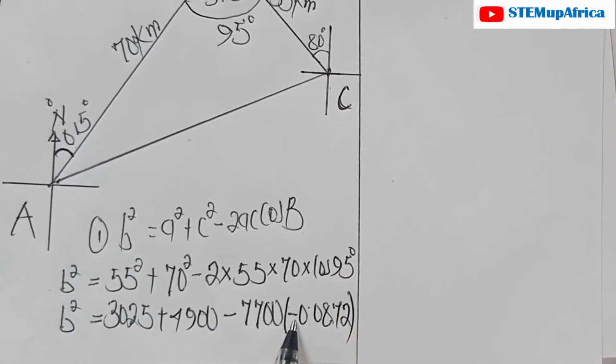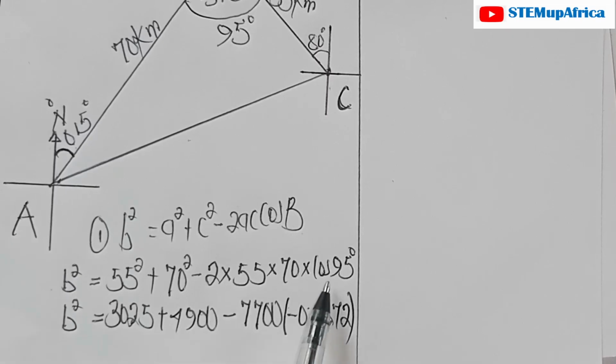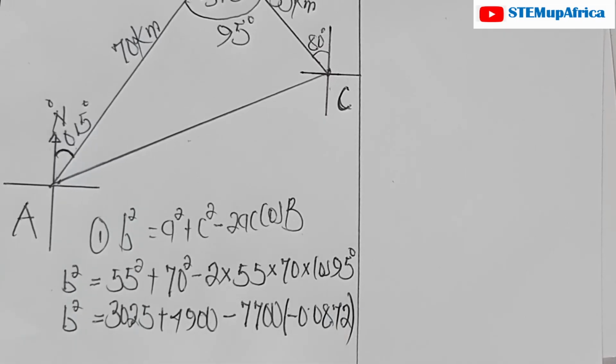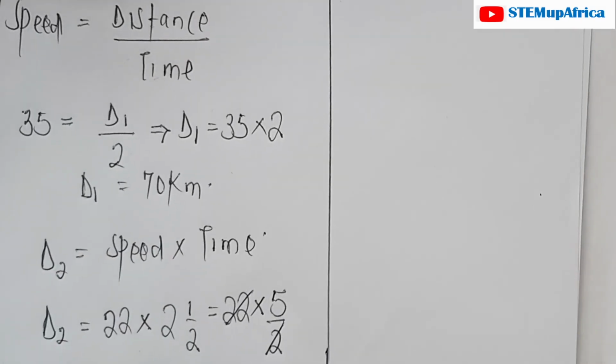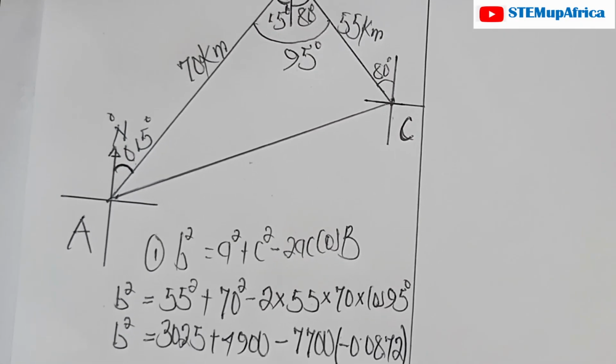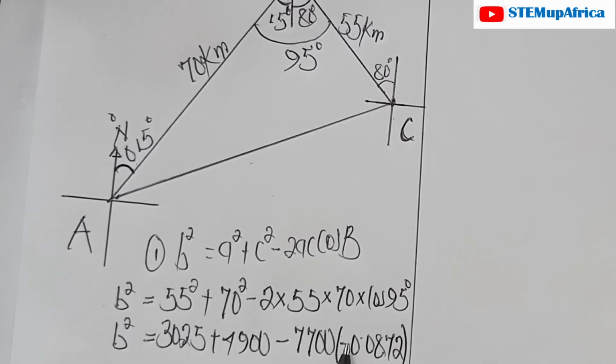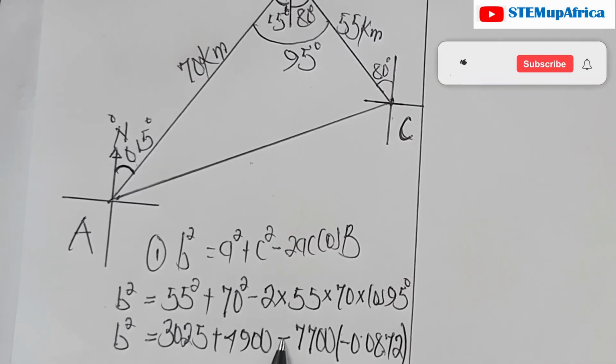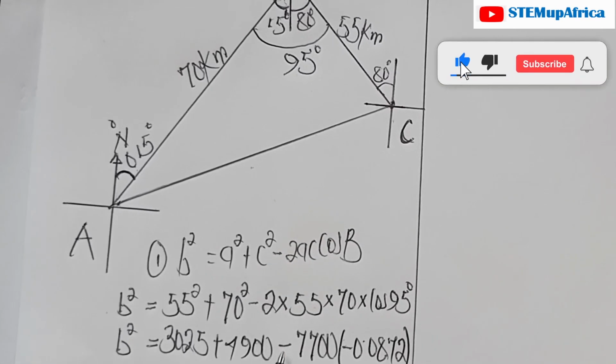That's why we have a negative value for cos 95. Then multiplying this by this minus, I'm going to have a positive sign, because here is negative, here is negative.